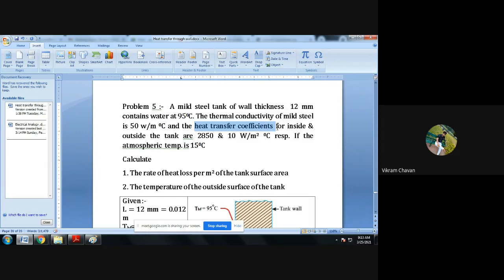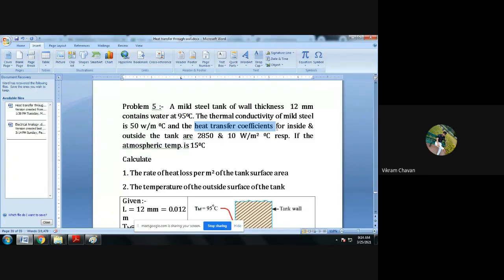Also, from the wall to the external atmosphere, that is nothing but free air available outside the tank, the heat transfer from the outside surface to the atmosphere will be considered as a convection mode of heat transfer.